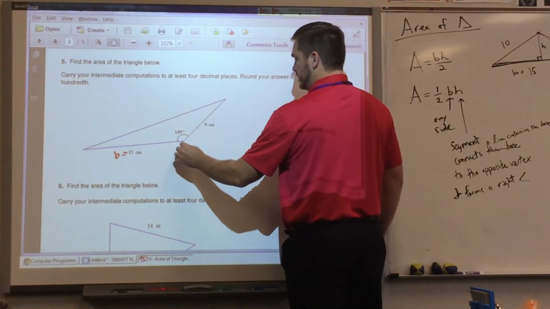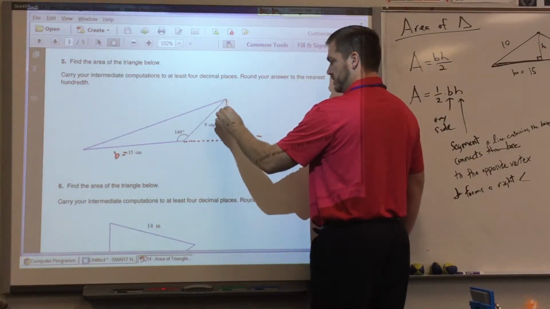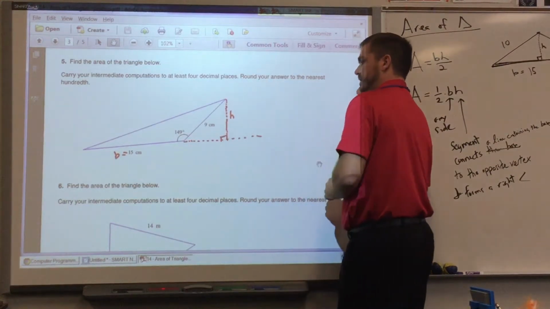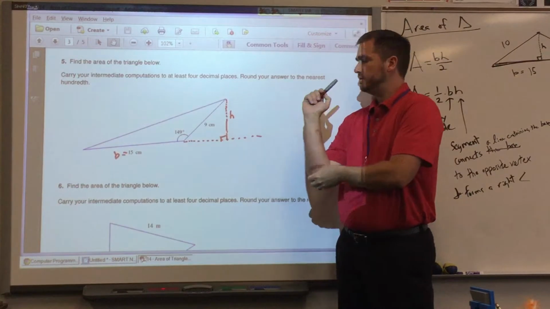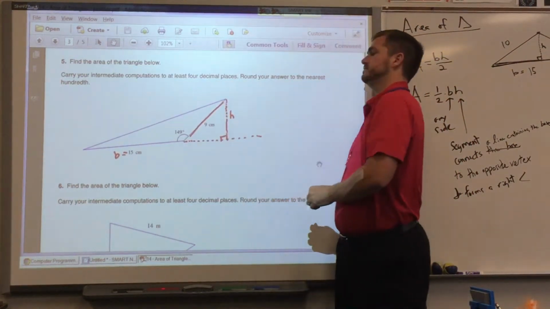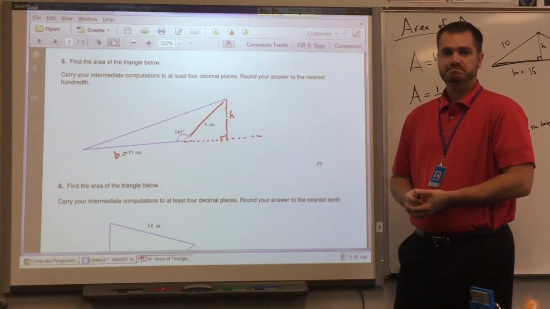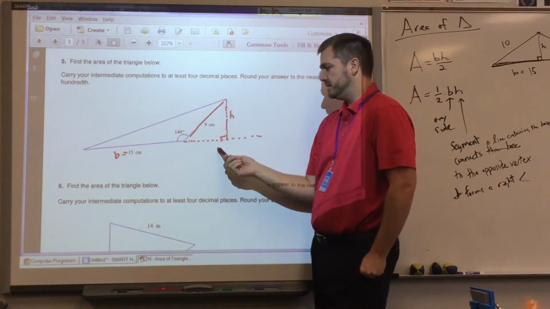We do have to extend it. Okay. So there's the height. I like the fact that that creates a nice right triangle over here with a hypotenuse of 9. But I'm not seeing any other information there. I don't have height, obviously. Do I have any information?